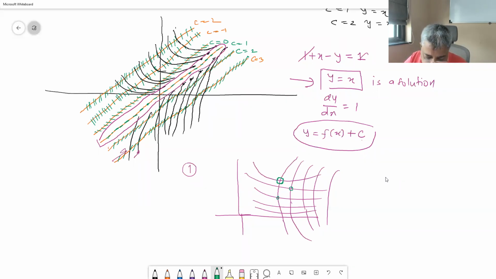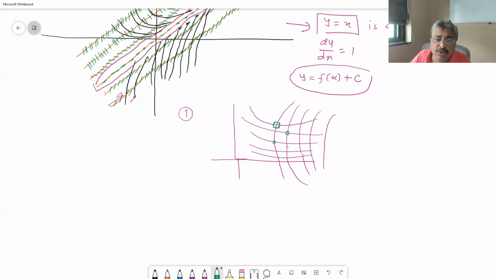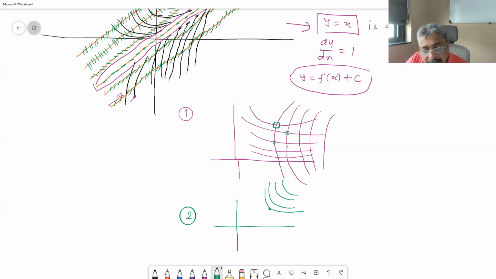That is one situation. And there is another thing which we must know, that it is not going to be possible that at one particular point there are two families. One family is like this, so at this point there exists a tangent to that family with this slope, and suppose there exists another solution of the differential equation such that it is a different family, but it is tangent at this point.